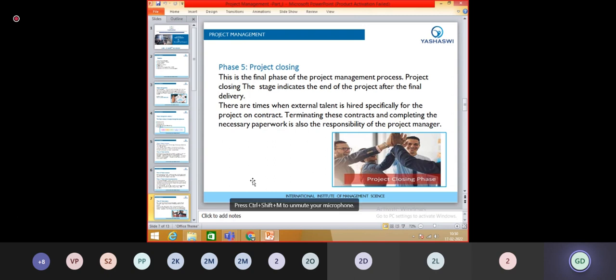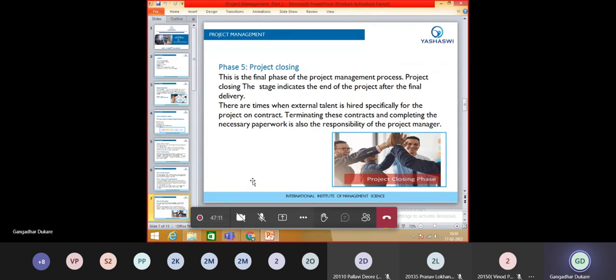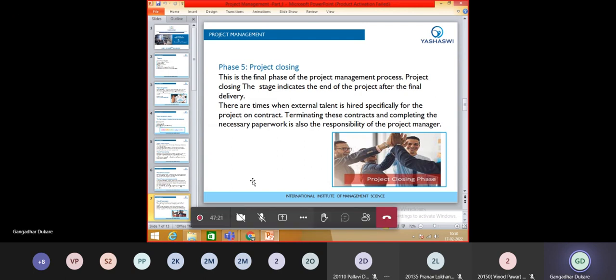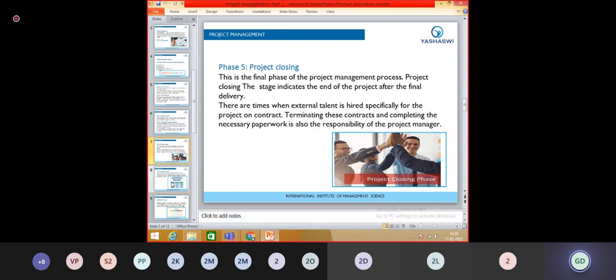If you go with proper management, proper planning, and proper standard operating methodology, it will be easy to find the project closing of your project. Yes, because you have all the necessary documents with the consideration of all these tasks or activities. This is the proper project closing of any project.